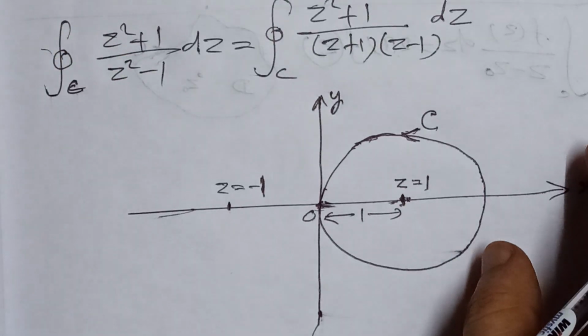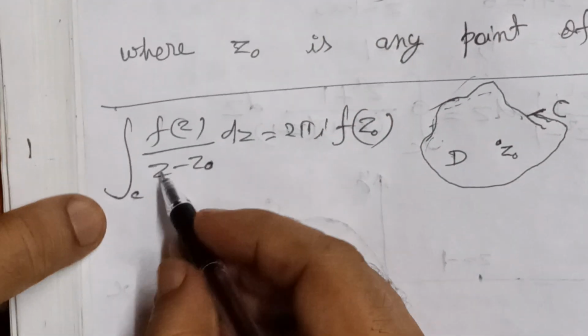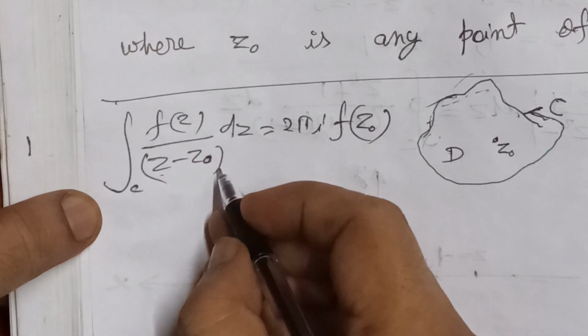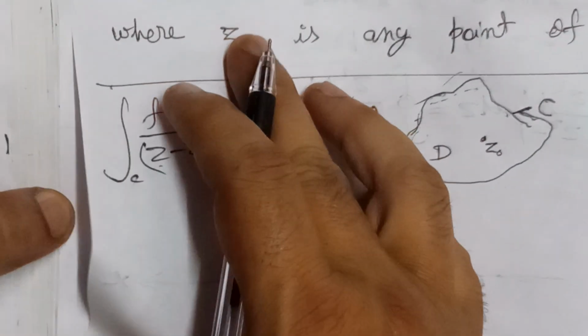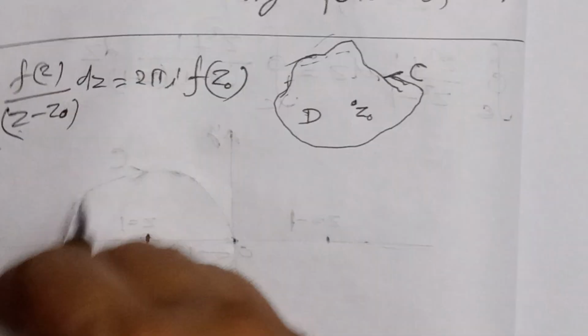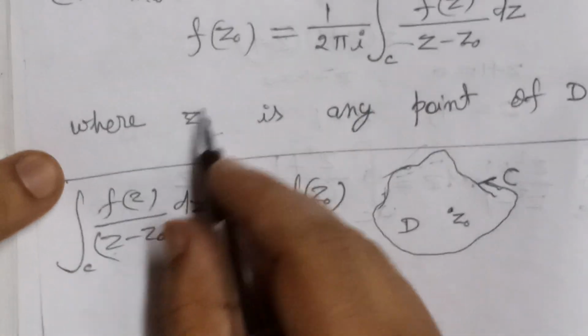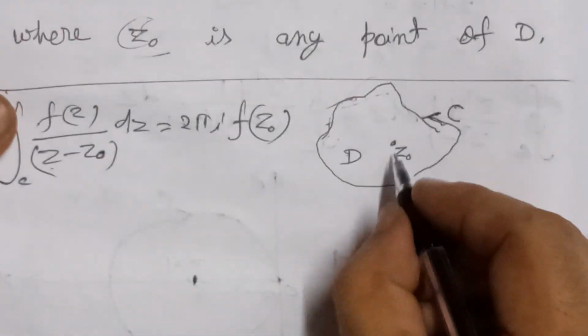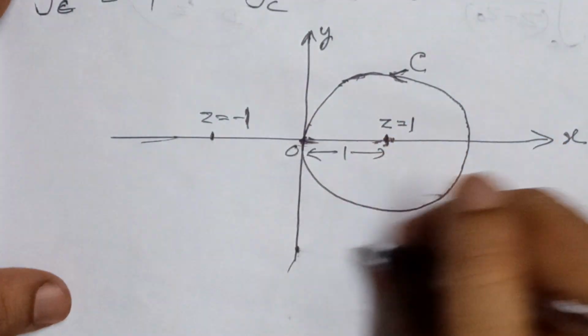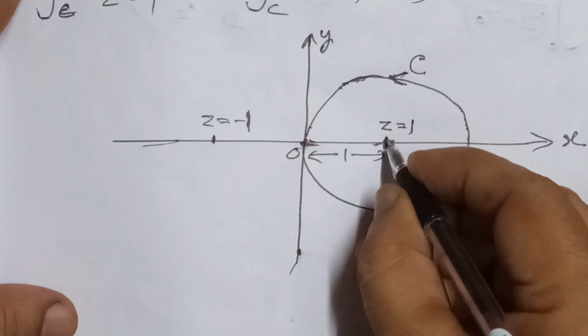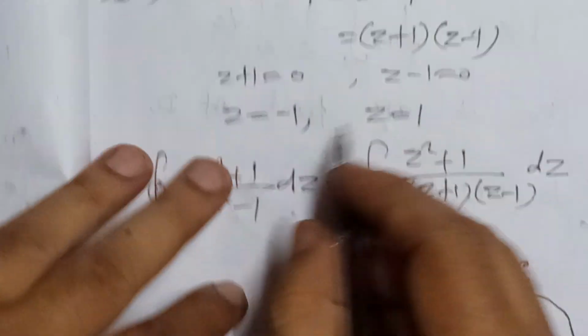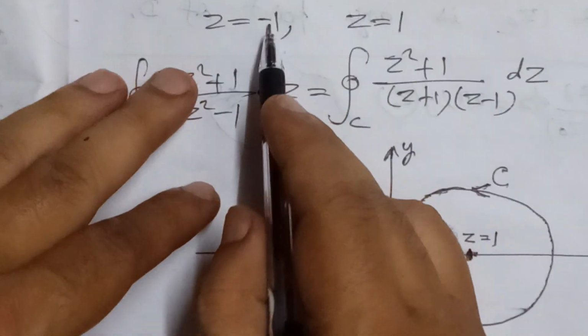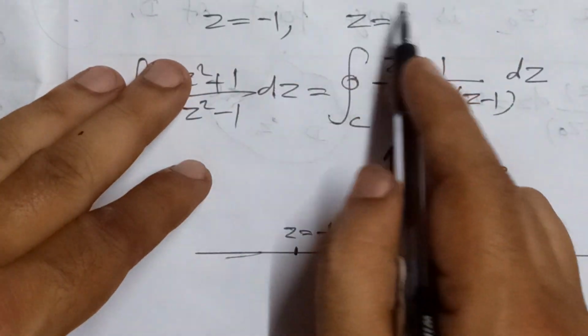What factor resembles z minus z naught, and what is the function f(z), we have to find here. For this we know that z naught is any point of the domain, so z naught must be inside C. Here C is this circle, and in the denominator the values of z are minus 1 and plus 1.